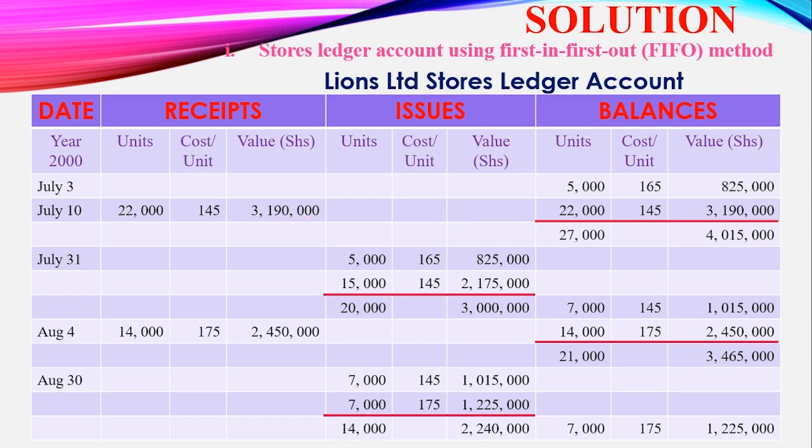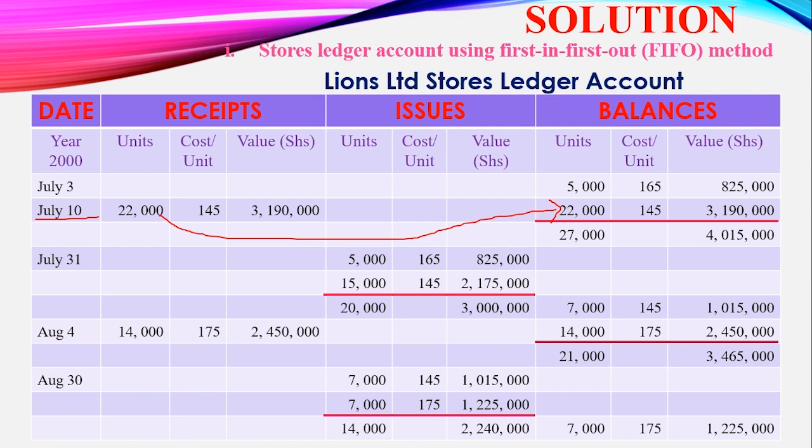Because in this particular month we have bought more stock, we are going to increase the stock that was there previously. We had 5,000 units, but now we have acquired 22,000 units, so it is added to what we had previously.